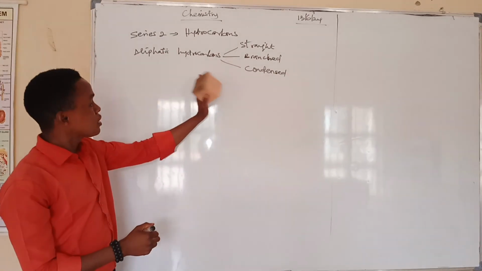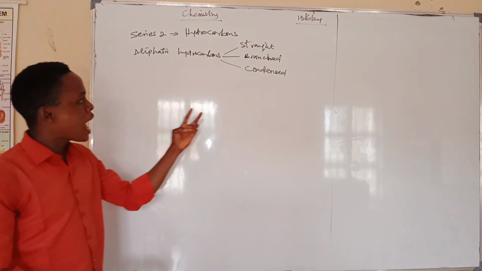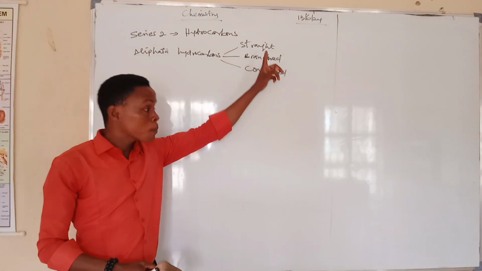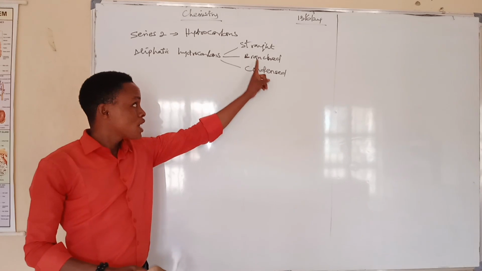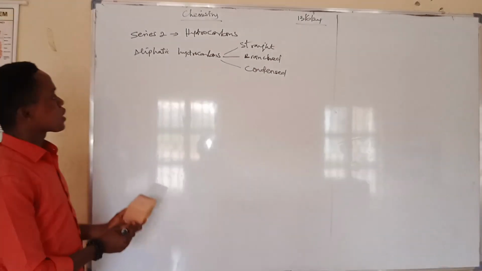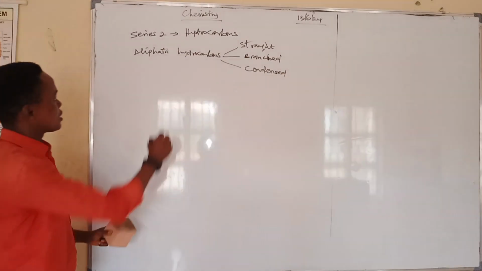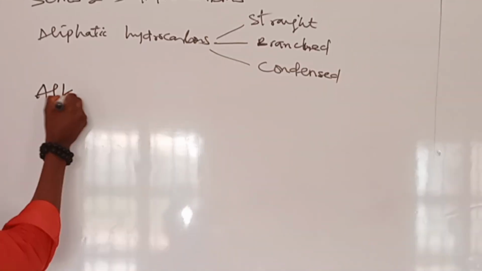Those are the areas that we are going to be looking at. We are going to be looking at when an organic compound is said to be straight chain, when it is said to be branched, and when it is said to be condensed.